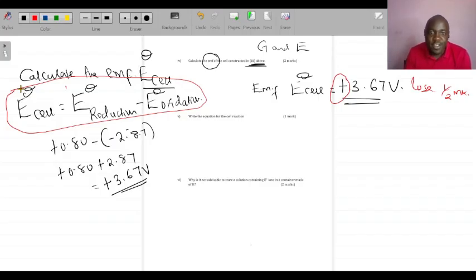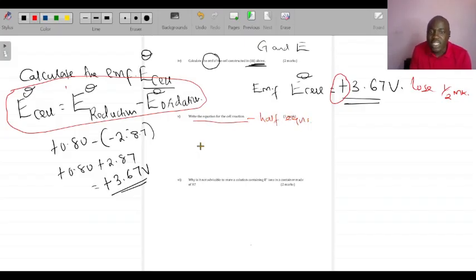Good. From 1-5, you are asked to write the equation for the reaction. So here we have two cells, G and E, and one undergoes oxidation, the other undergoes reduction. In other words, you are being asked to write the half equations.